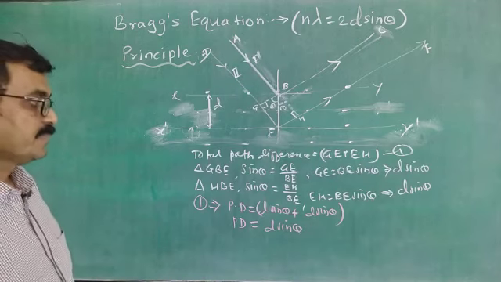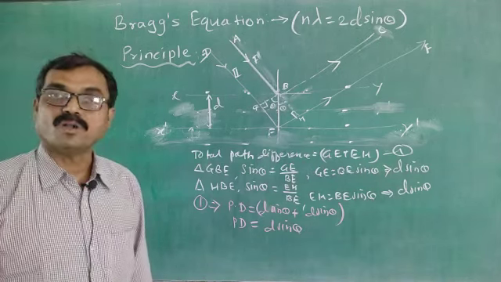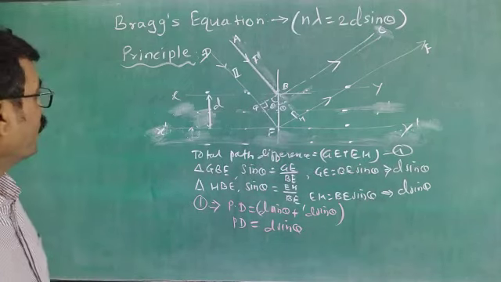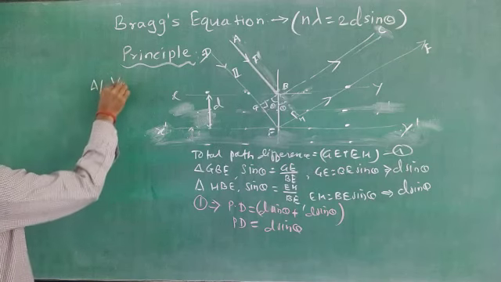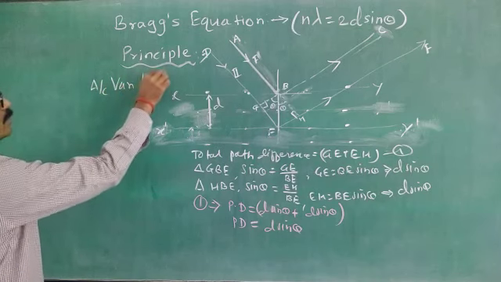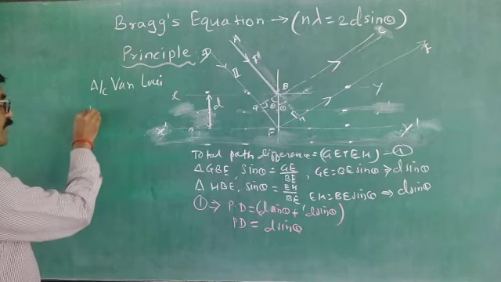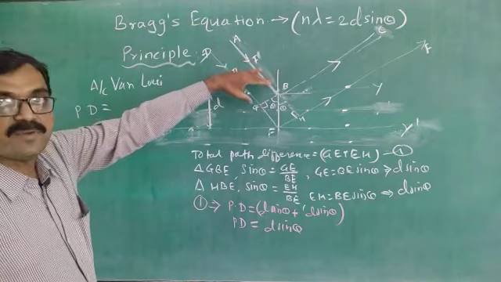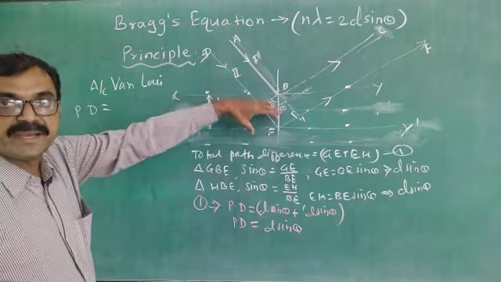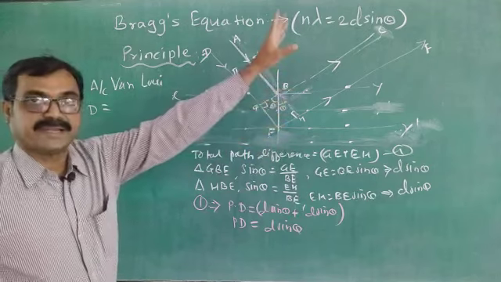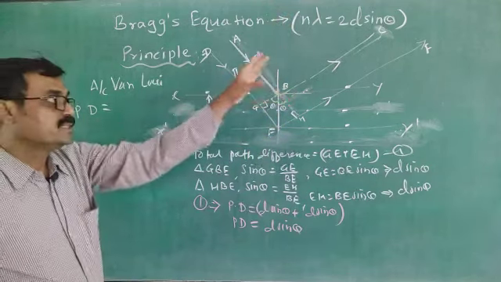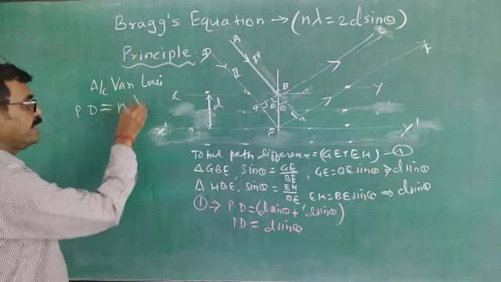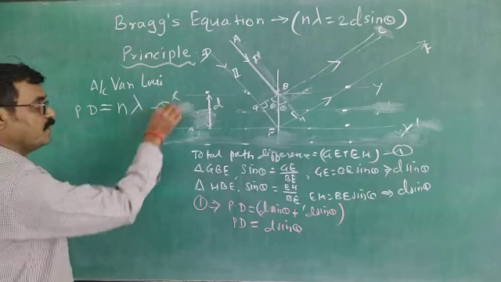But further, according to scientist Laue, try to understand, what did Laue say? When such a monochromatic X-ray, that is X-ray of one and the same wavelength, falls on the diffraction grating and gets diffracted, then the path difference between these two X-rays is always an integral multiple of its wavelength.